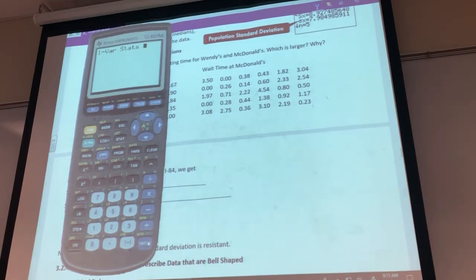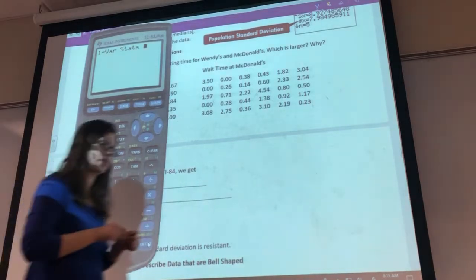So, you're going to run 1-Var Stats. And then after it, you're just going to type in an L2. So to get this, you're going to hit the second button, and then the 2, and your L2 should show up.